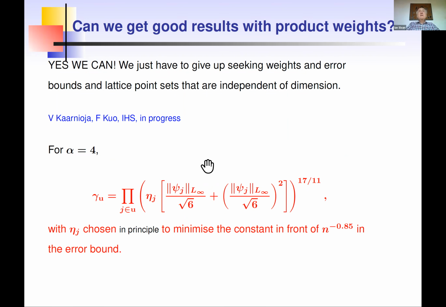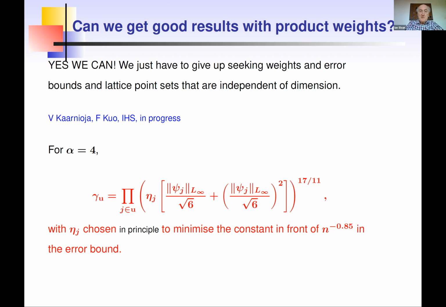And so we asked ourselves more recently, can we get good results with product weights? Our theory didn't give us product weights directly, but we did have an upper bound anyhow. We've discovered that you can get good results with product weights as long as we give up seeking results independent of S. I'm quoting now from a paper with Vesa, Carnoia, Francis, and myself, which is incomplete, perhaps drastically incomplete.